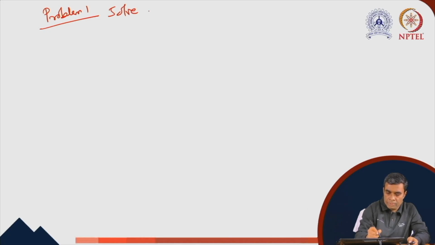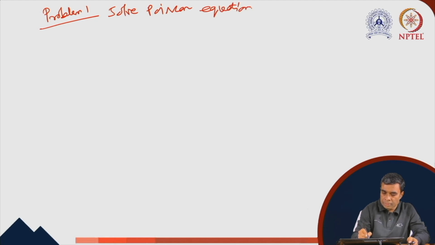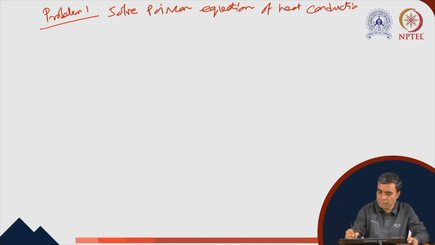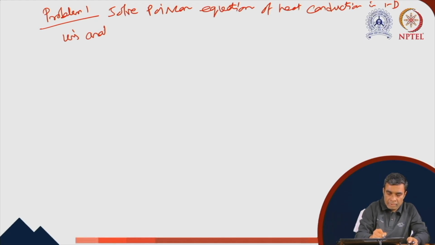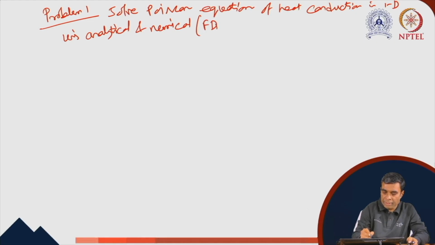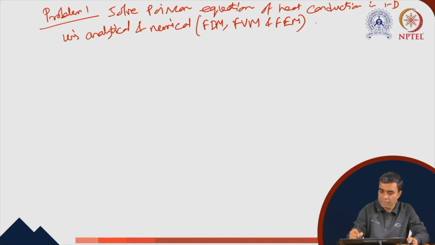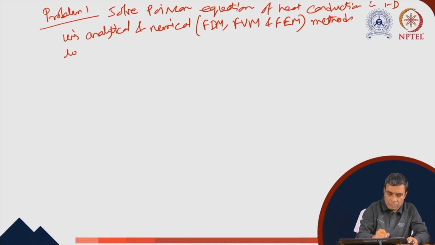Solve Poisson equation of heat conduction in one dimension using analytical and numerical methods. By numerical we mean finite difference, finite volume and finite element methods subject to EBC.